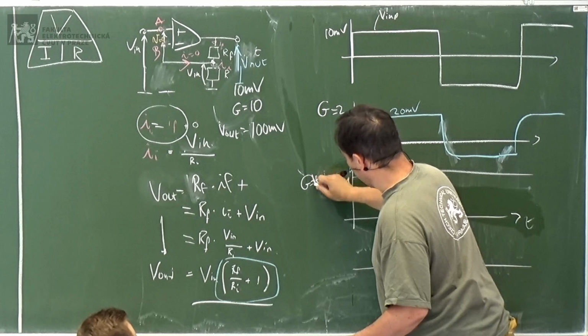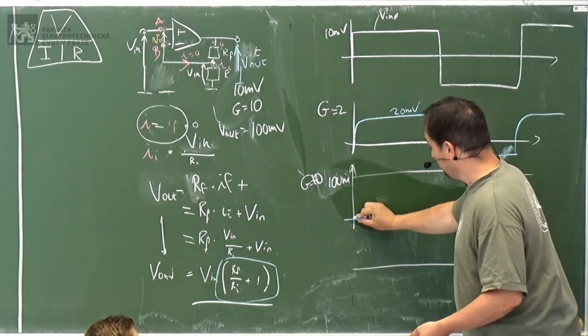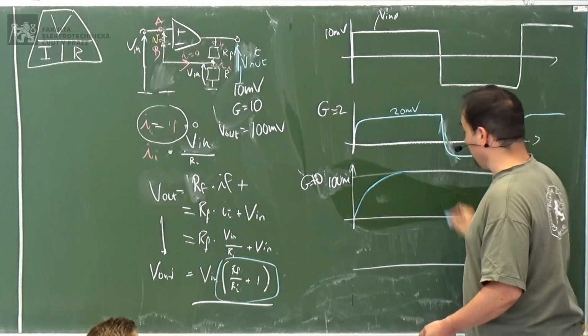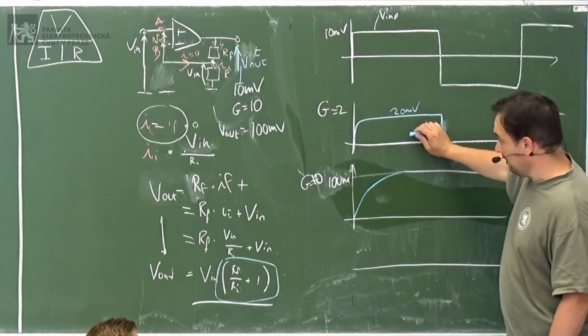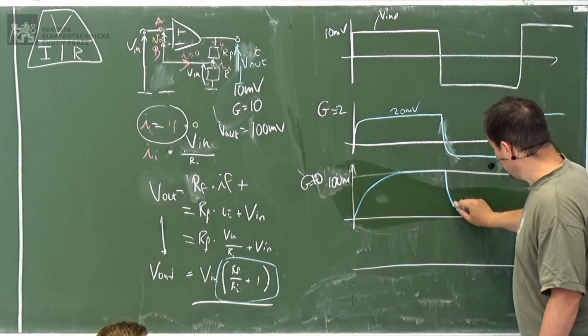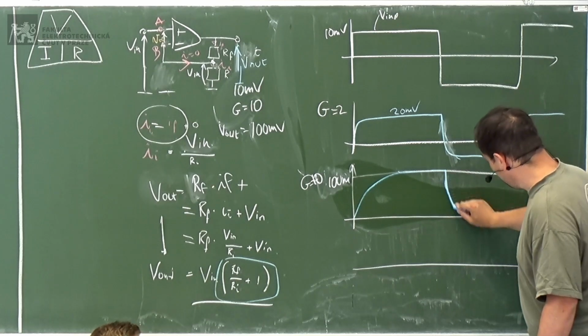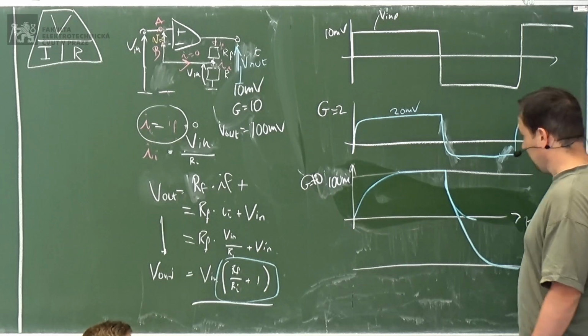The gain is 10, we go to 100, so it will take longer to arrive to 100 millivolts. This is not to scale. So it will arrive here. It will drop to negative, and then it's going to that.